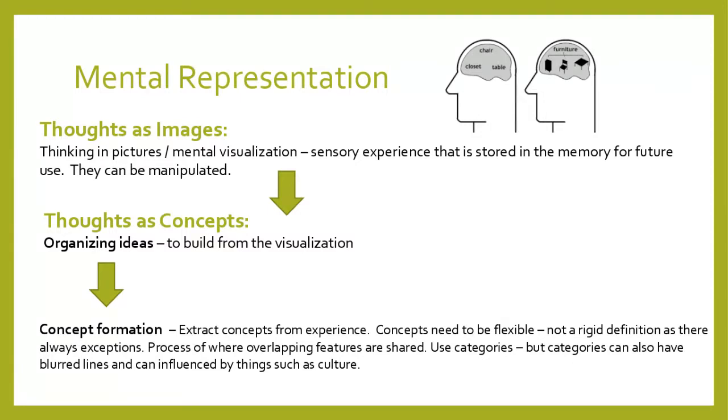It turns what you possibly think in your head as the picture of a dog, but based on our experiences, our concept of what a dog is grows and it changes. So it extracts that from our experiences, and we know that concepts need to be flexible. They can't be rigid.